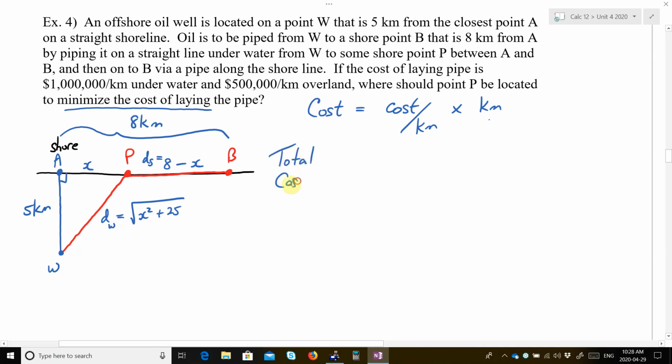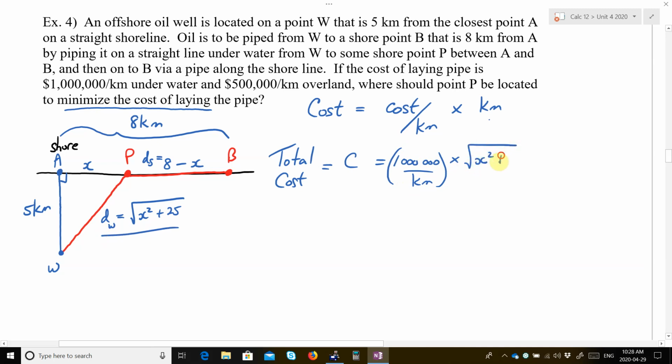Okay, and so the total cost of this, let's call it C, is going to be $1 million per kilometer times the distance in kilometers that the oil is piped underwater, and that is this, right?